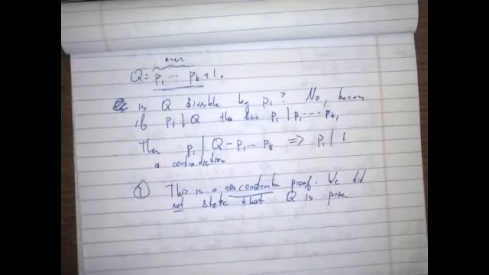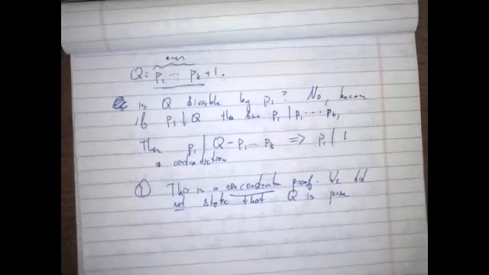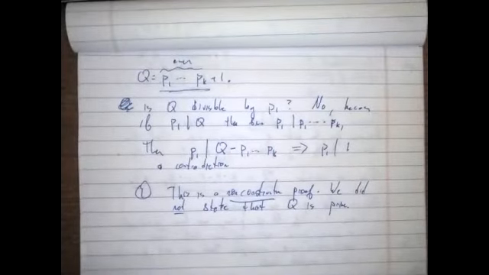It's either prime or composite. It's not the case that I know that Q is prime, so I haven't constructed a new prime by this process. In other words, this proof doesn't tell you how to find additional primes. It just tells you that there can't be finitely many. Any further questions here?